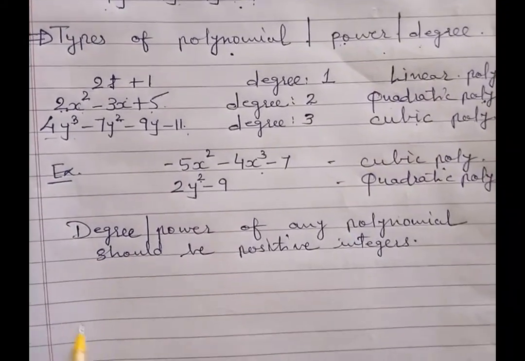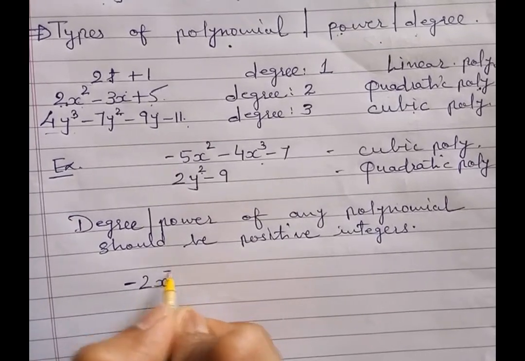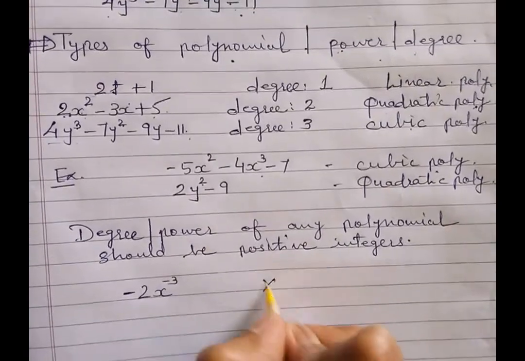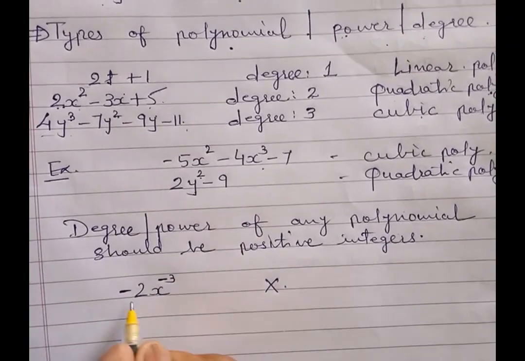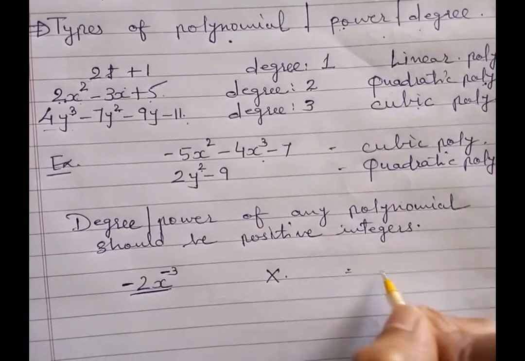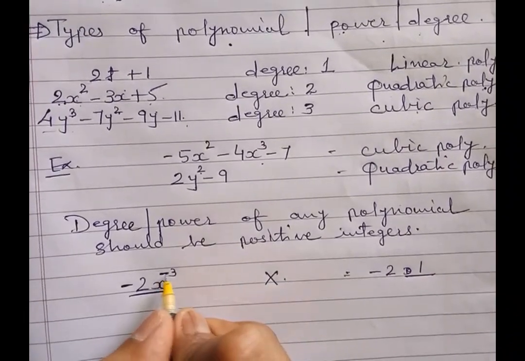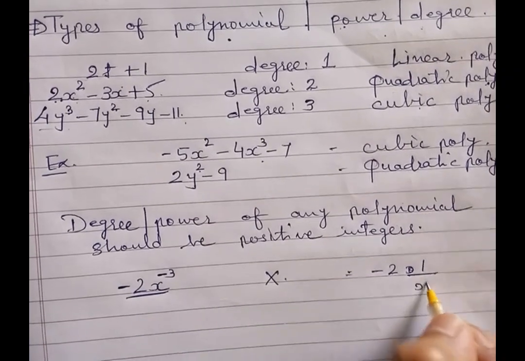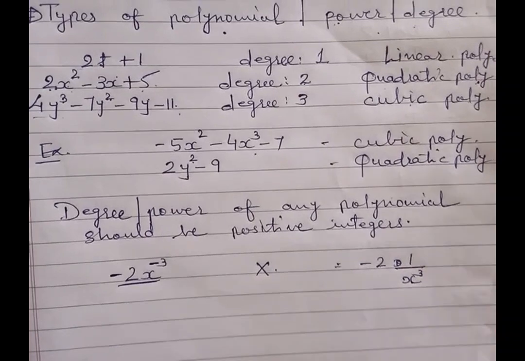Right? That means if I write minus 2x raised to minus 3, then it is not a polynomial. Why? Because the power is minus 3, and if I simplify this, then it comes minus 2 times 1 upon x raised to 3, with x in the denominator. That is, this is not a polynomial.